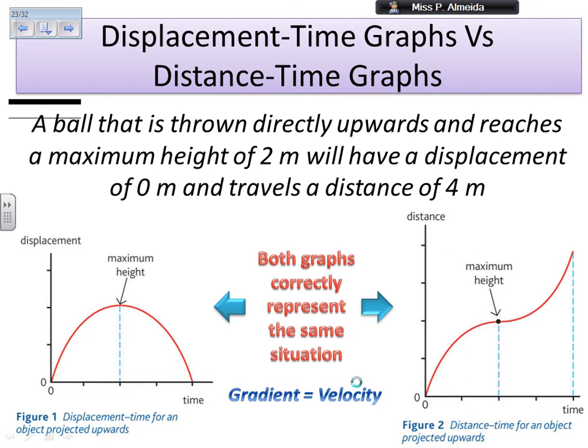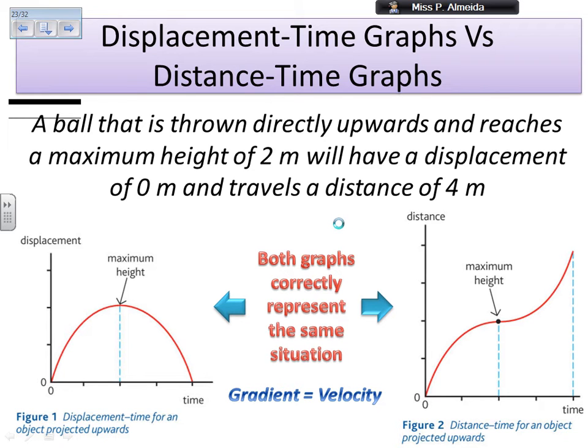It's just like having a mirror right here. So my distance-time graph actually shows the full distance that my ball traveled, and the full distance was 4 meters, okay?